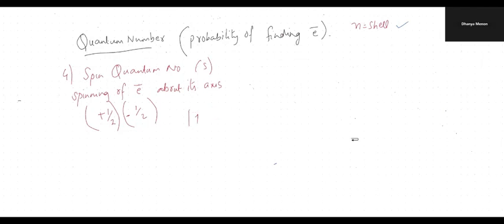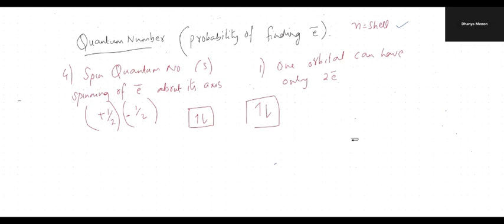Some of the conclusions that came out here was that one orbital, this one box, can accommodate only 2 electrons, one with spin positive half, one with spin negative half. Okay?